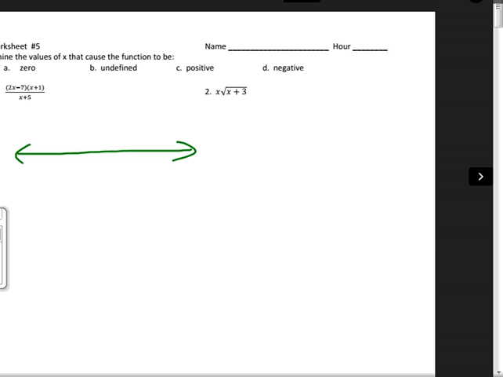All right. So let's answer each part for number 1. When would this thing be 0 if the top was 0? What would make the top 0? If x equals, come on, give me one. One sticks out really easy. -1. Good.